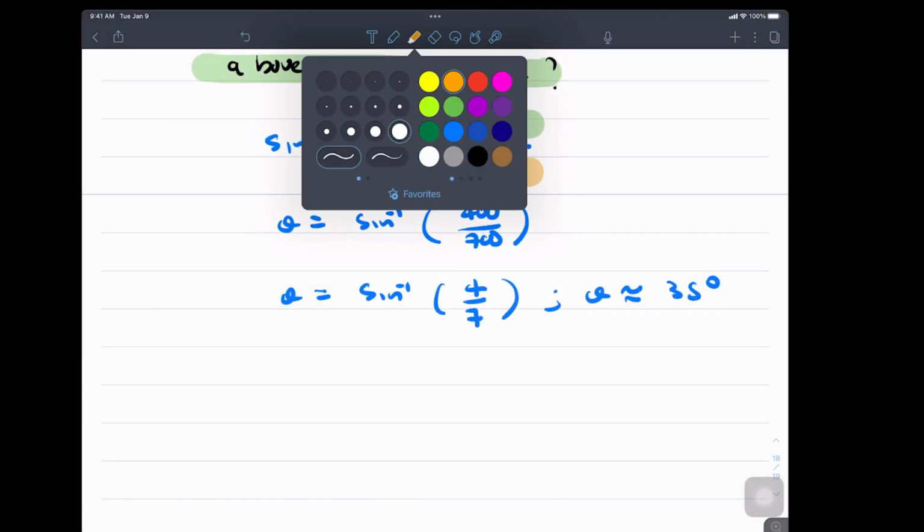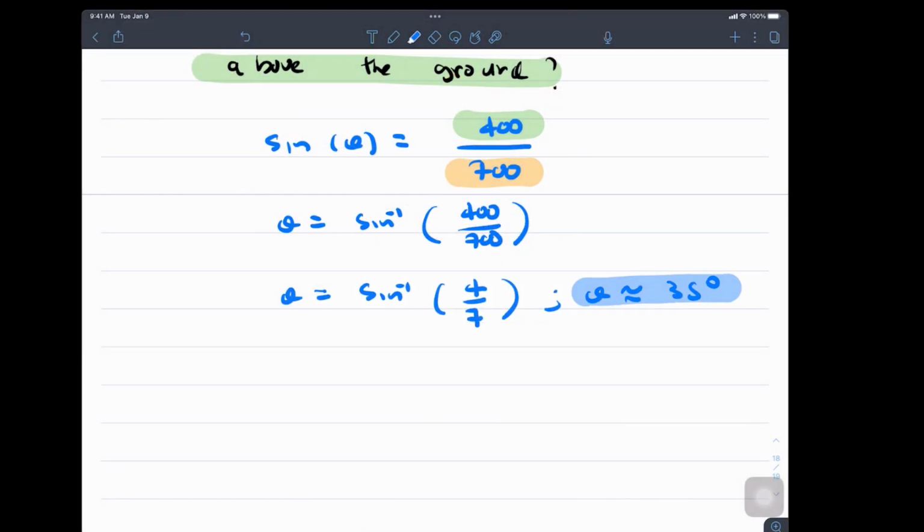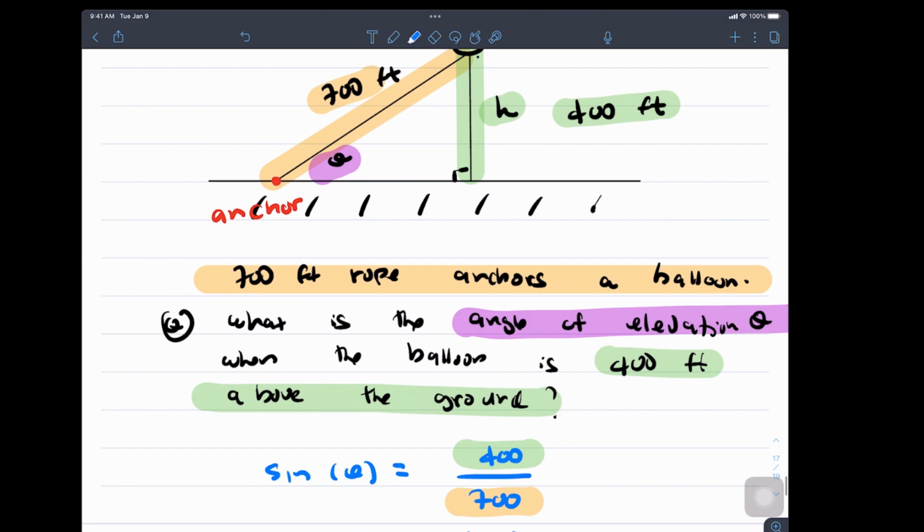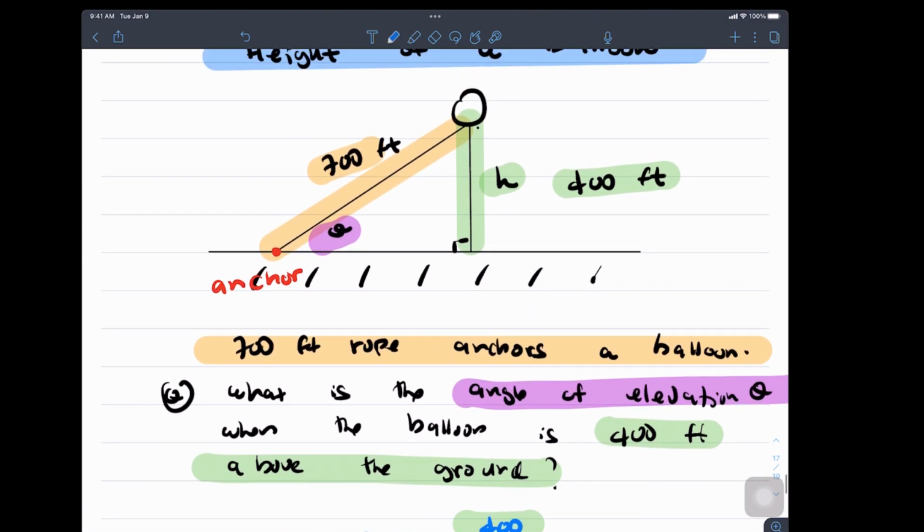So theta is 35 degrees, ladies and gentlemen. Okay, this is how we use the inverse sine information to find out that this angle must be what? 35 degrees. And I guess I colored it purple, so let's color it purple. Okay, so it has to be a 35-degree angle. Easy breezy, lemon squeezy.